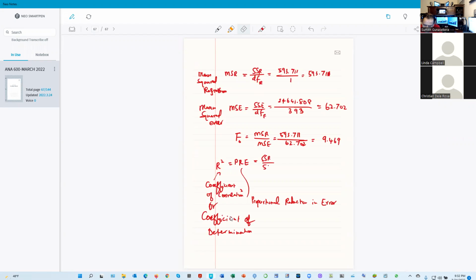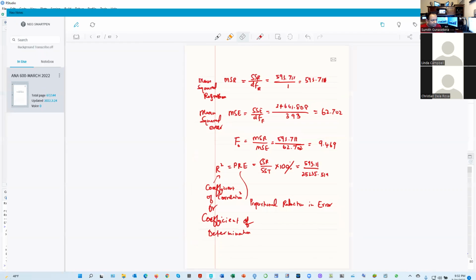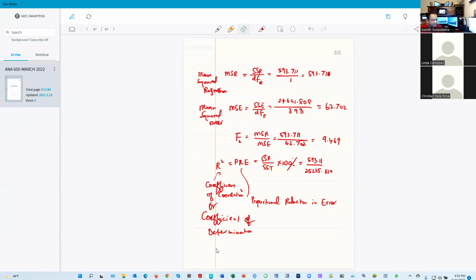So it is the sum of squared regression divided by the sum of squared total. The sum of squared regression is 593.711, divided by your total, 25,235.529, and times 100% gives the percentage.